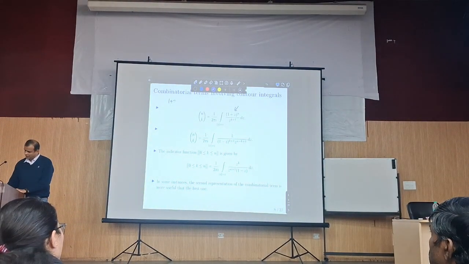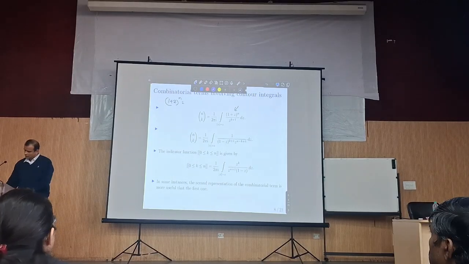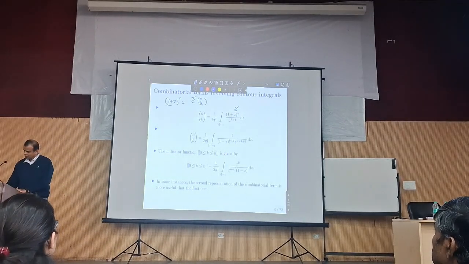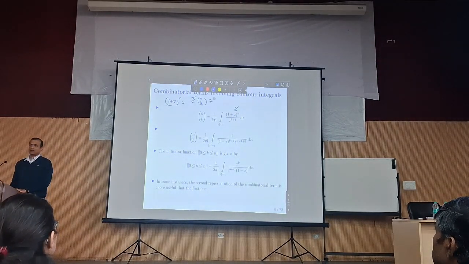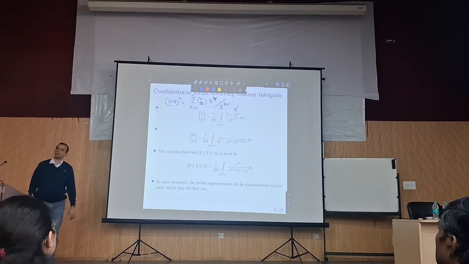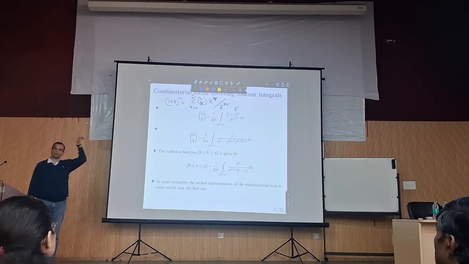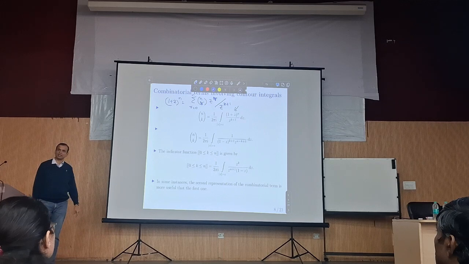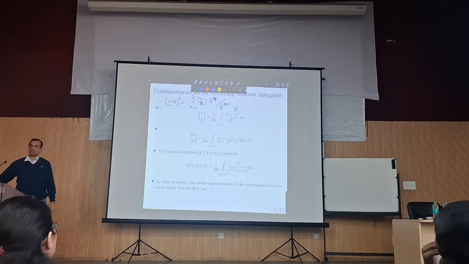So 1 plus z to the n is the summation of n choose r, z to the r, for r equal to 0 up to n. Now you divide by z to the k plus 1. Which term is going to survive when you integrate over this closed contour? Everything except r equal to k is going to disappear.